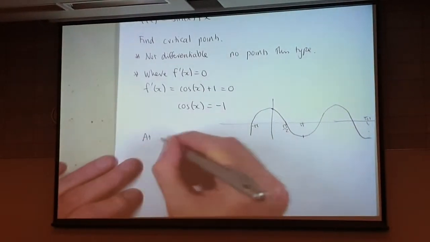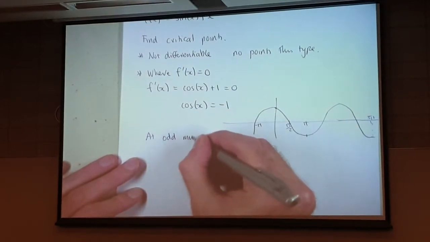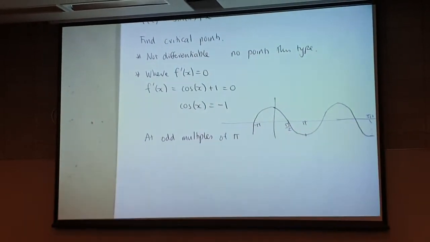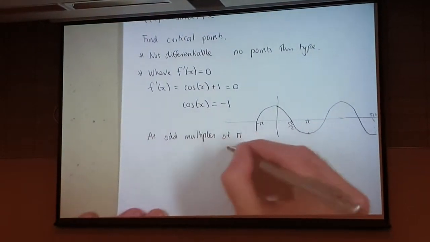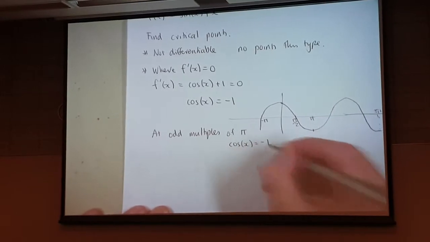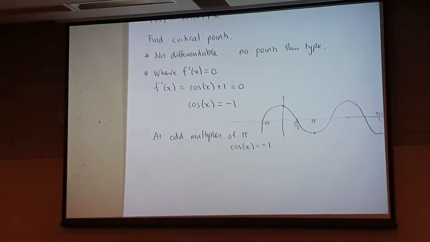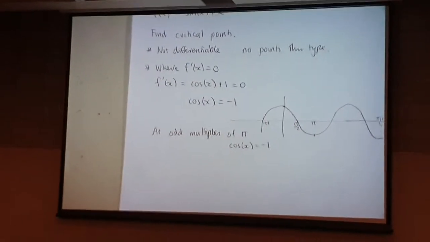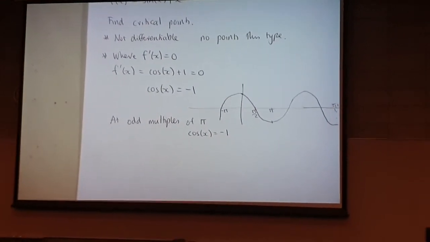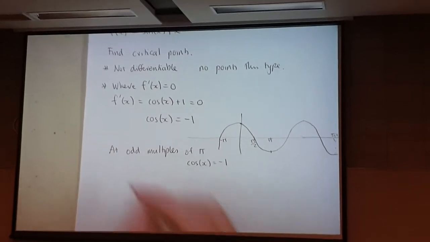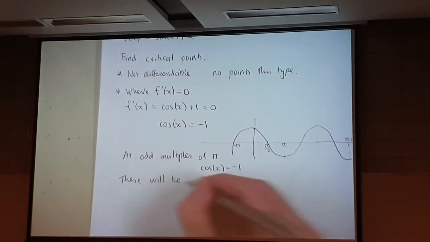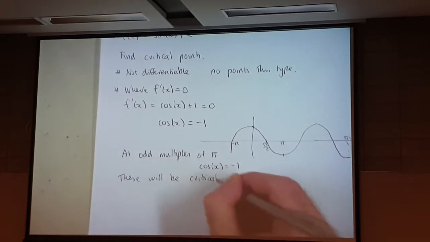So at odd multiples of pi, cos of x equals -1. So that'll mean that cos of x plus 1 will be 0. So these will be our critical points.